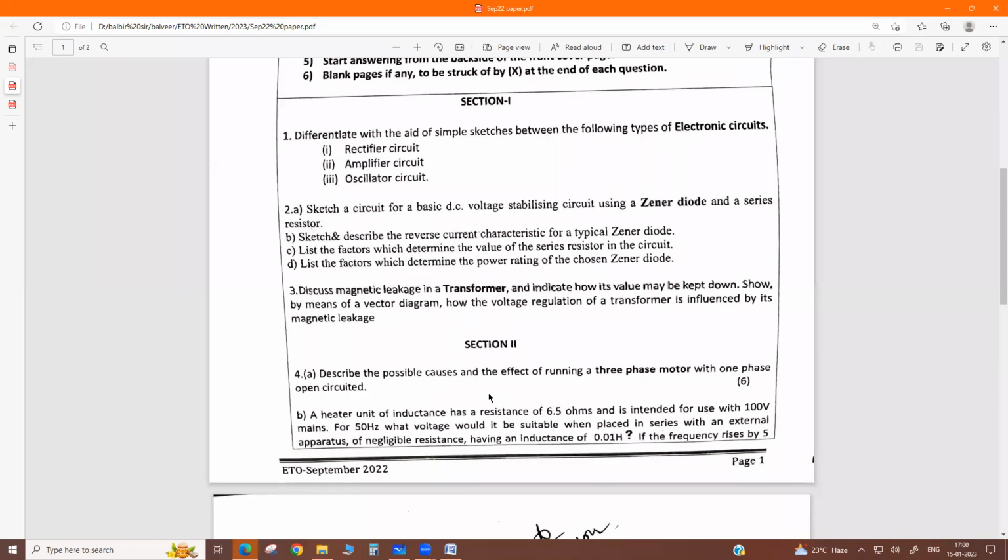Correct, for motors generally. Then you have to draw the vector diagram. We have drawn the vector diagram a number of times; a lot of times for transformer and alternator, please.